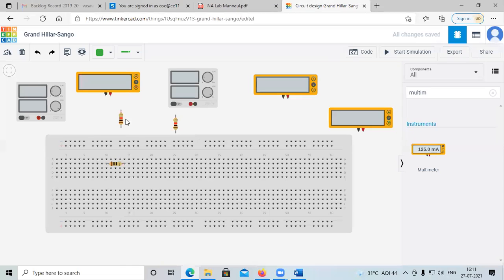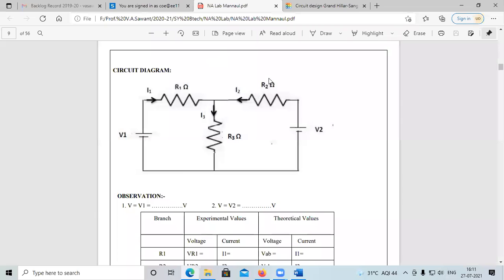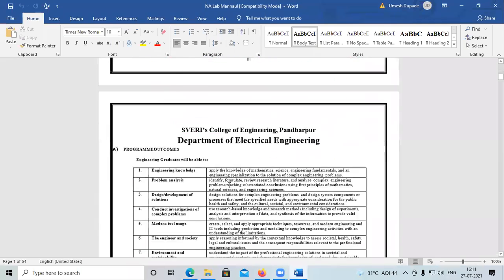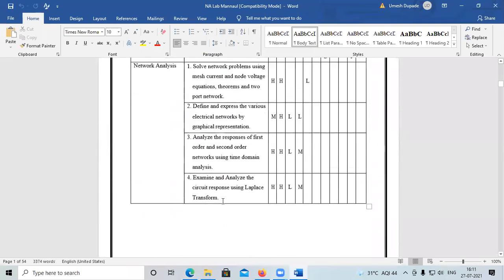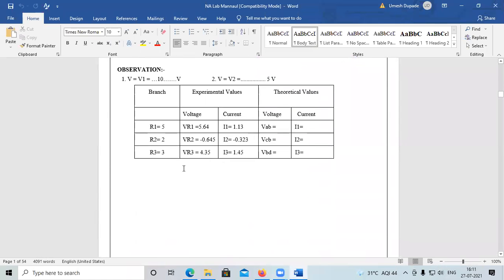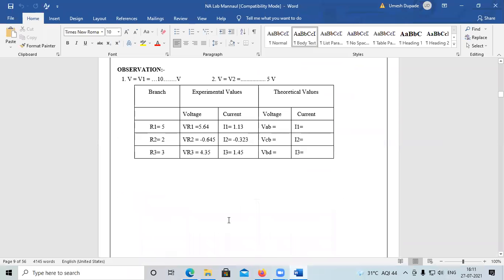Now the second resistor is R2. See, in our figure R2 is here. Again it is a horizontal resistor. We will select the value of this resistor. I have already given the values: 5, 2, 3 we will put. R1 is equal to 5, R2 is equal to 2, and R3 is equal to 3.